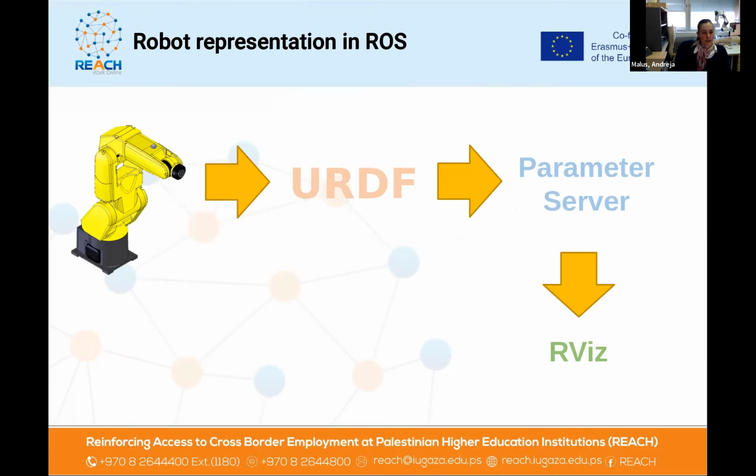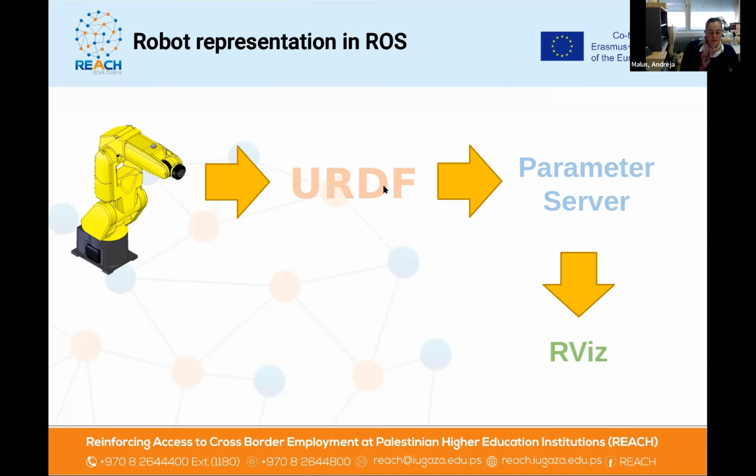A mechanism to represent a robot in ROS is the URDF format, where you can use simple shapes like box, sphere, or cylinder to describe the shape of the robot, or other files such as, for example, STL files can be used to represent the shape and the characteristics of the robot.